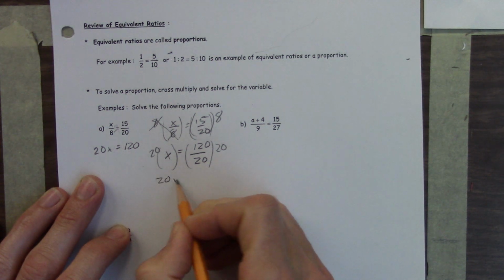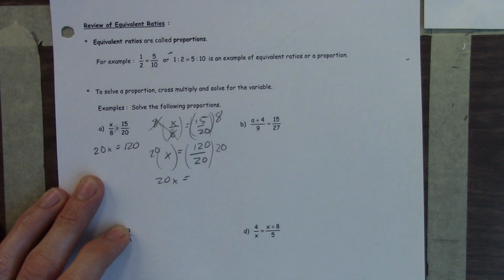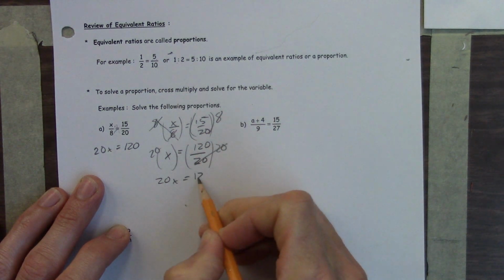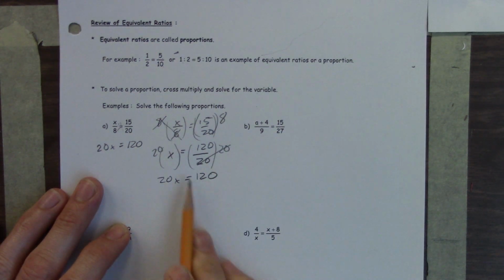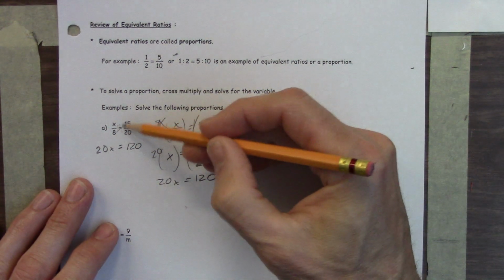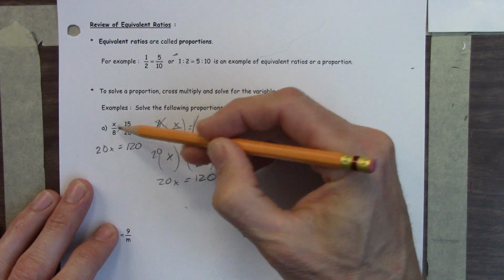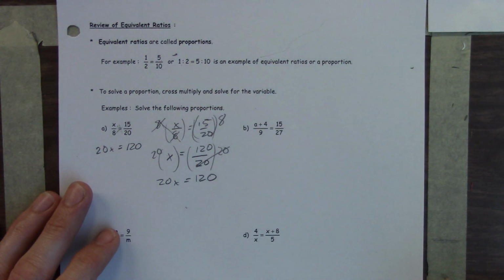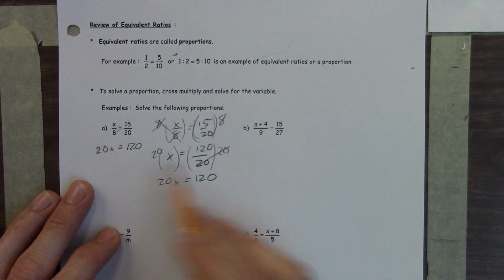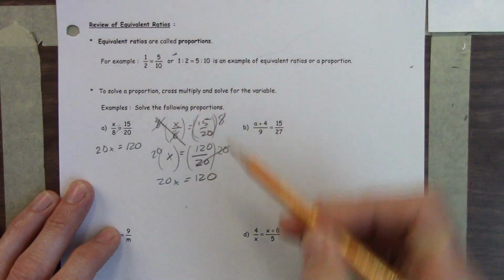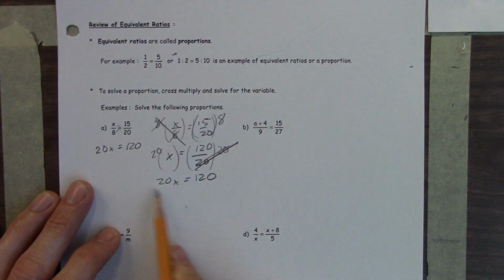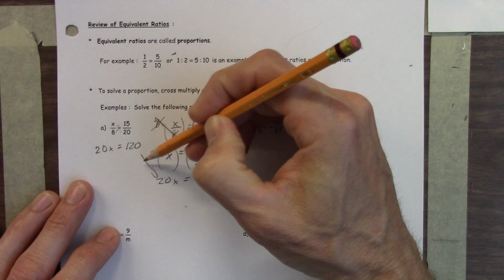So we get 20x is equal to, these cross out, 120. So all those steps I saved by cross multiplying. That's what you're actually doing. You're multiplying both sides by one denominator, you're multiplying both sides by the other denominator. Because that denominator is on one side, it crosses out in each case, here and then here. So essentially the result is this cross multiply. You get the same answer here.